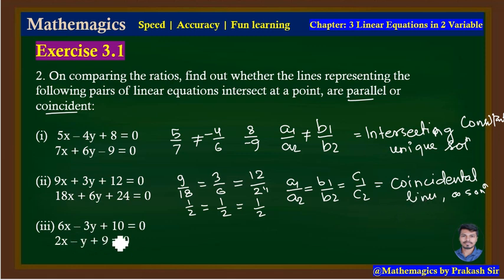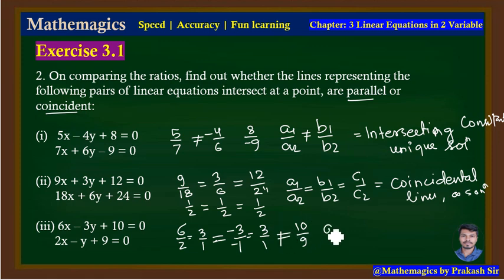Now come to the third one. The ratios are 6 by 2, which is written as 3 by 1. The second one is minus 3 by minus 1, which is again 3 by 1. And the third one is 10 by 9, and obviously 10 by 9 will not cancel down. It means the first two are equal and the third is not equal.